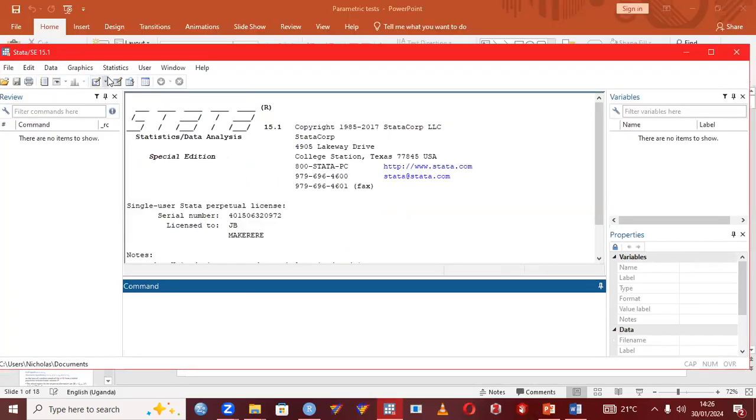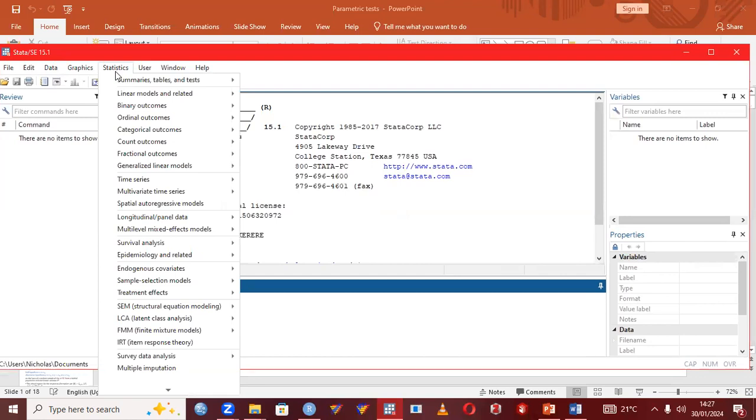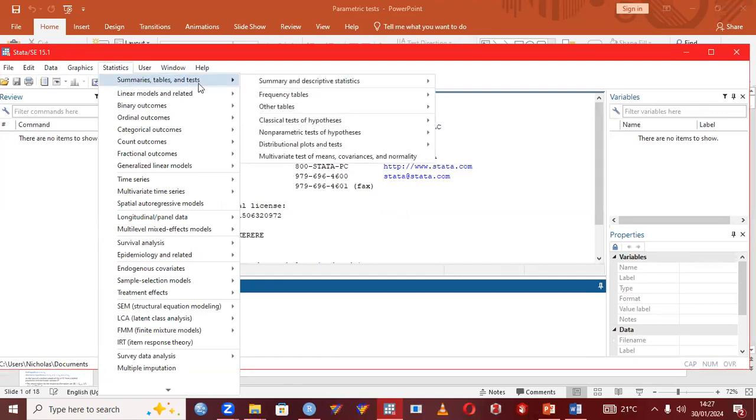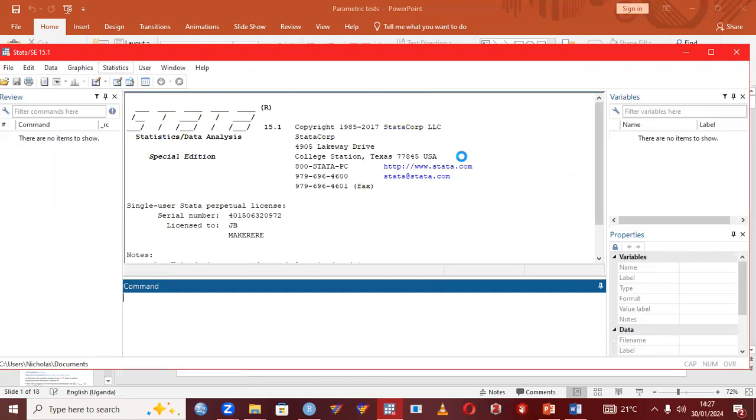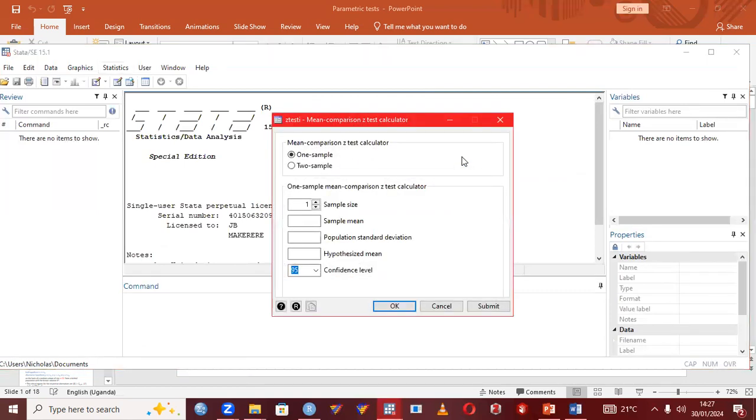So we shall come to statistics, then you come to hypothesis. Then you come to this t-test calculator. No, we are z-test calculator. All together.